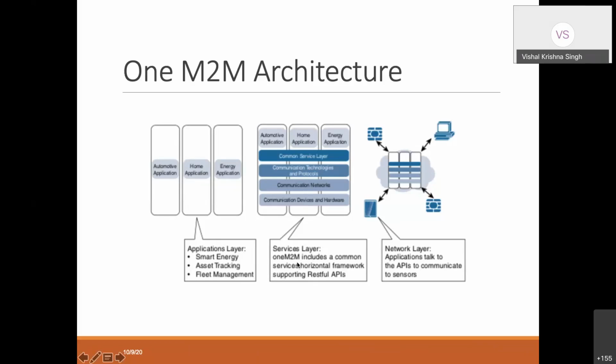The next layer of this architecture is the services layer. The services layer is where the physical network on which these IoT applications run is present, and all the related management protocols are addressed in this layer.